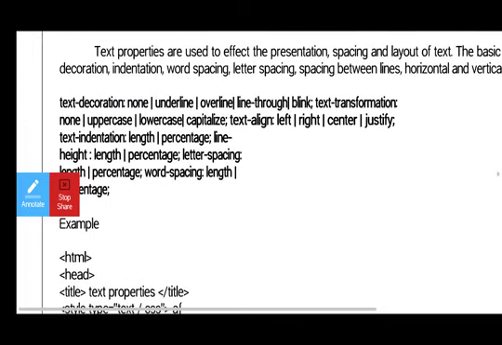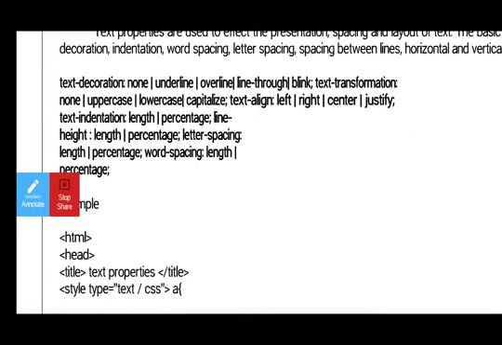We can blink or draw a line through the text in text decoration. In text transformation we can use uppercase, lowercase or capitalize, and in text alignment left, right, center or justify.